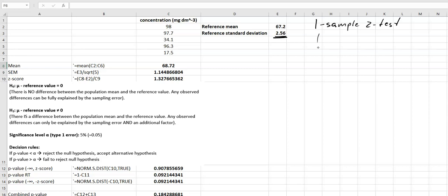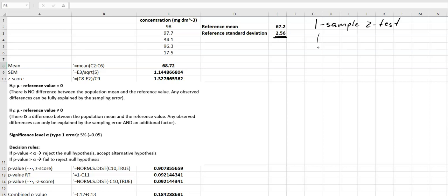So when we know the standard deviation of a population and we have a sample where we believe that this sample comes from this population, we can use the z-test if we have this standard deviation of the population.